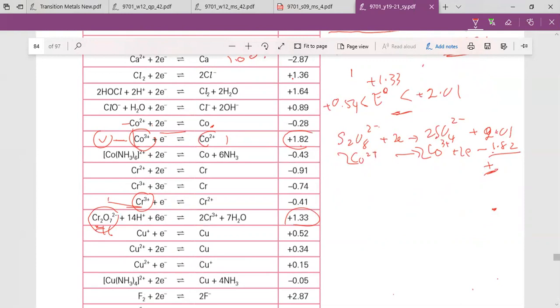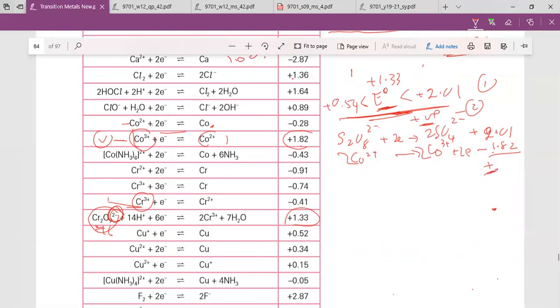But cannot, why? Because this fellow is negative. So the first consideration is that the reduction E naught must be between this window, and number two, it must not be negative, it must be a positive ion. So there are two considerations for this question. That's why I say it's quite a thinking question.